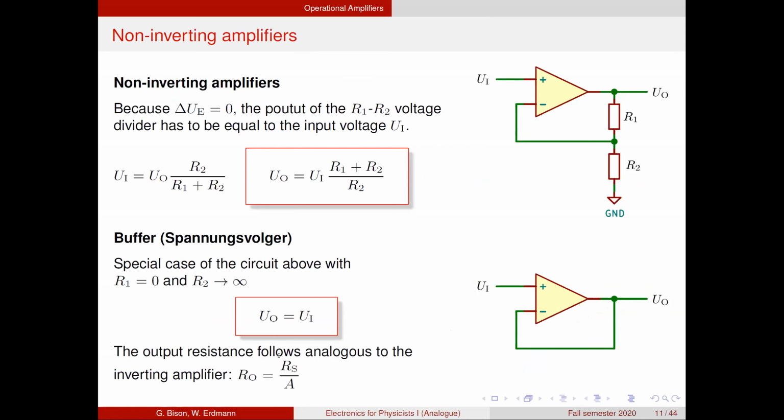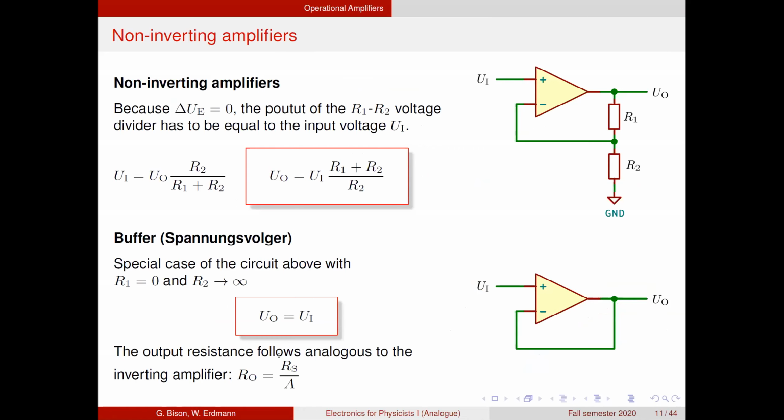It's easy to divide a voltage. It's not easy to make it larger, but it's easy to divide it. And now if we have an amplifier that does whatever is necessary on its output to have these two equal, then we can divide this down and for that reason amplify the output voltage.